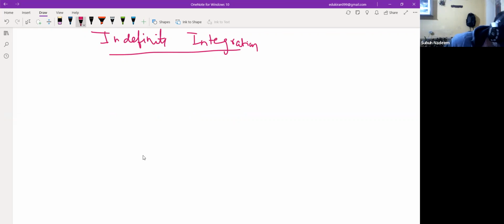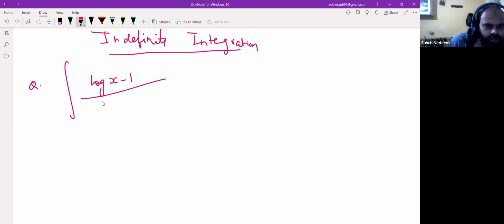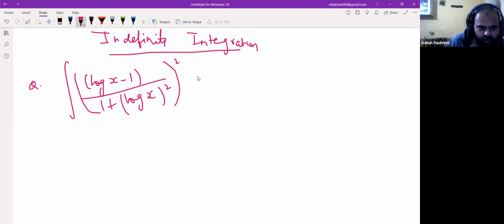So one question is the integral of (log of x minus 1 by 1 plus log of x whole square) and further whole square of this.